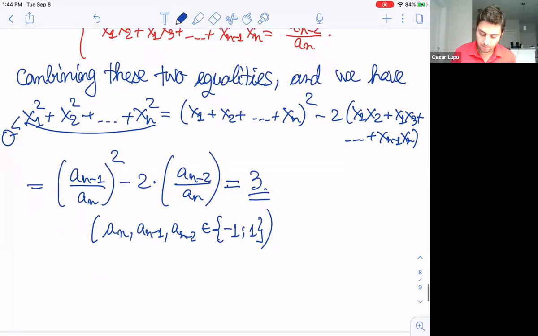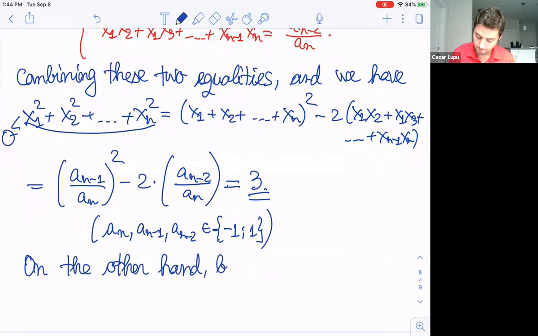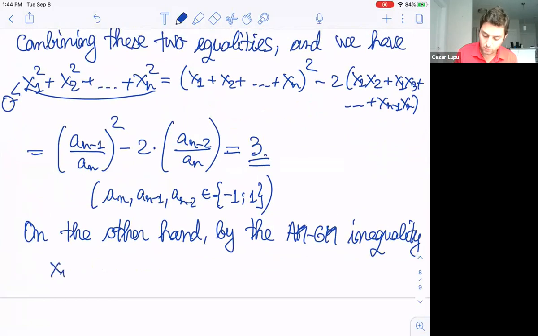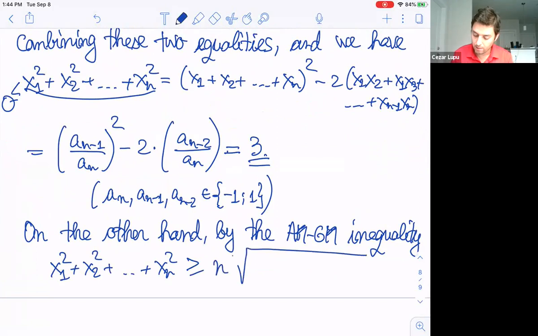By the AM-GM, we have that x1 squared plus x2 squared plus ... plus xn squared, these are non-negative already, will be greater or equal than the n-th root of x1 squared, x2 squared, ..., xn squared.